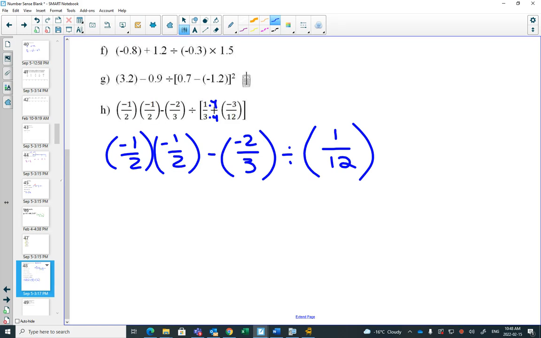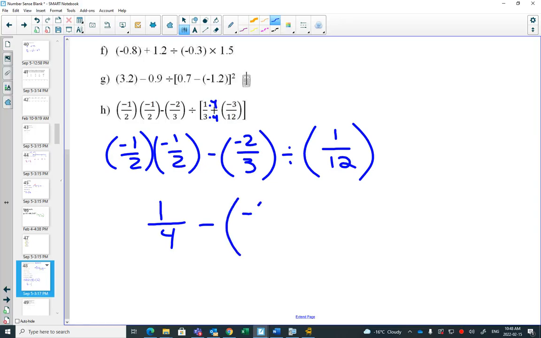Next, in our order of operations, the brackets are now just holding numbers. No exponents, so now we're into the dividing and multiplying. How do you multiply fractions? You multiply the tops. -1 times -1 would be +1. And you multiply the bottoms. 2 times 2 would be 4. Subtract. How do you divide fractions?